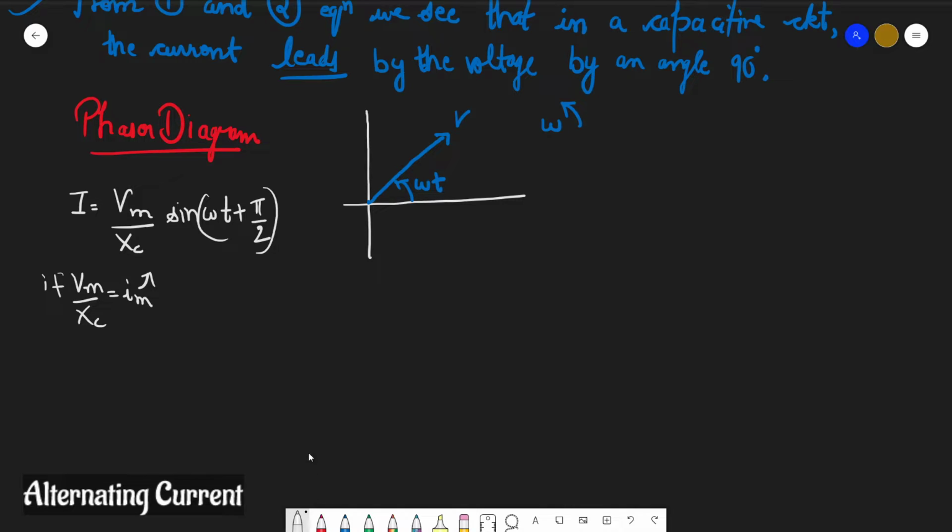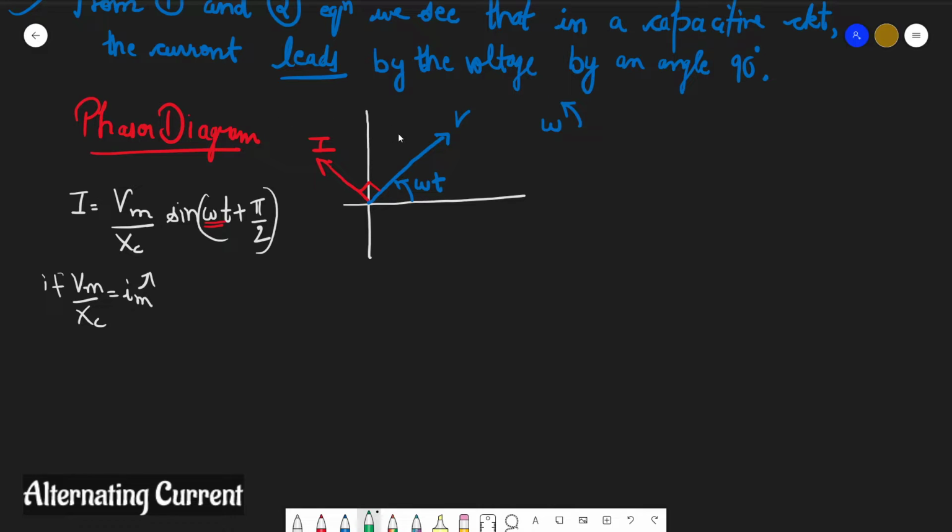Anyway, if you plot the current phasor here, from this you can see it is 90 degrees ahead of omega t. So obviously current will be somewhere like this, and this angle is 90 degrees, and this is omega t plus 90. Okay, so this is current.